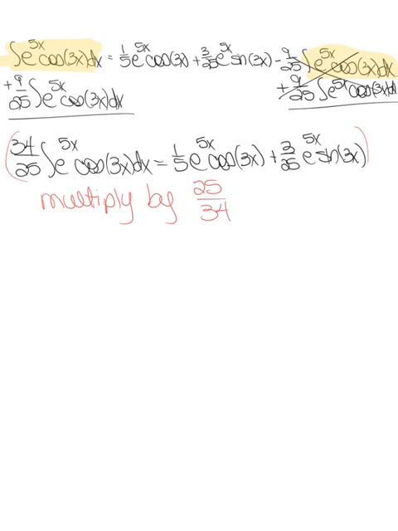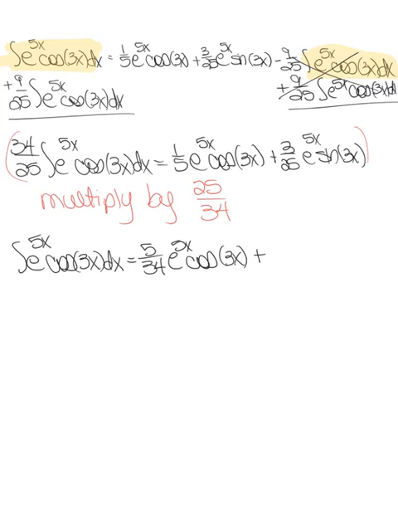And when we do that, I believe then we get, for our final answer, that the integral of e to the 5x cosine of 3x with respect to x will be equal to 5/34, and I believe when you flip that, when you multiply that through, that's what you're going to get, e to the 5x cosine of 3x plus 3/34 e to the 5x sine of 3x, all plus c.